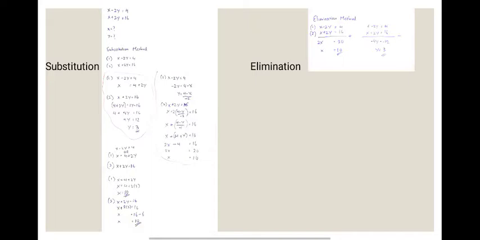If you look at the picture, firstly I rewrite the equations and put number 1 and number 2 there, meaning the first one we call equation 1, or the first equation, and the second one we call the second equation.